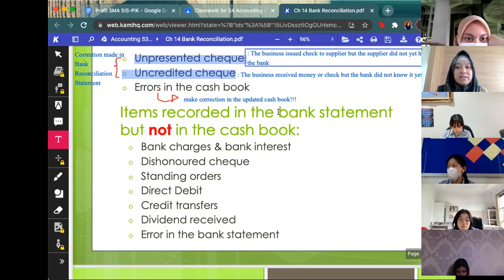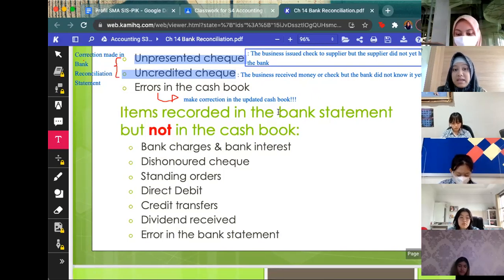They will not call you to say that they will charge you an administration fee every month. When you open an account in the bank, they will say it will be automatically charged and deducted from your account.